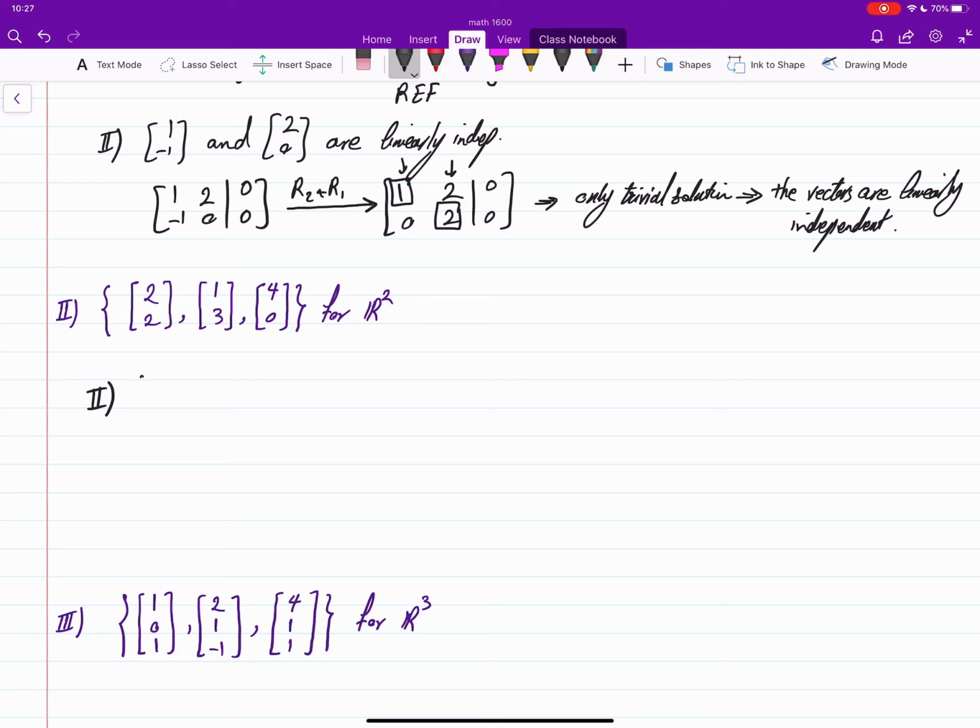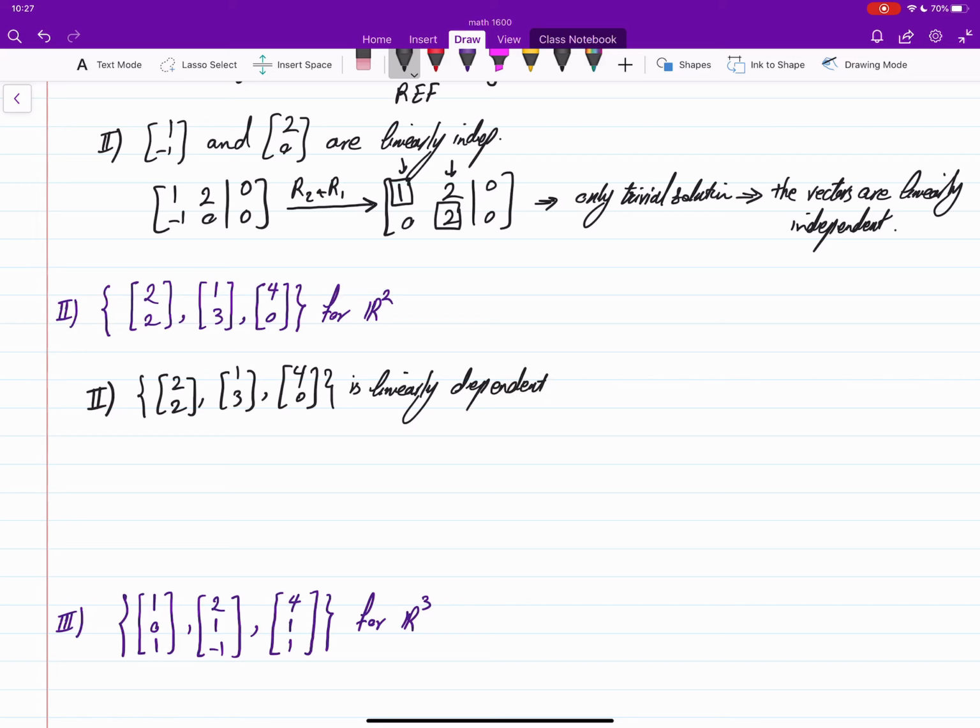So (2, 2), (1, 3), (4, 0) is linearly dependent. You can find different reasons.